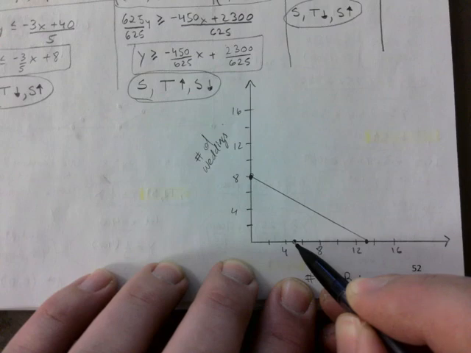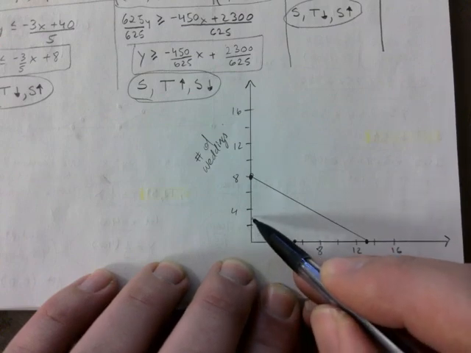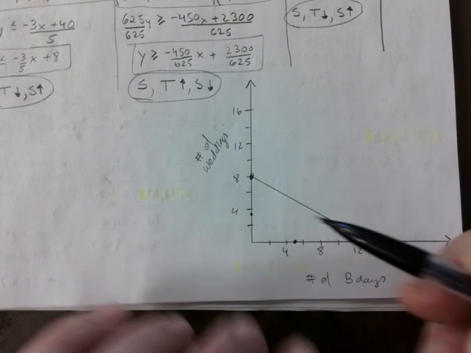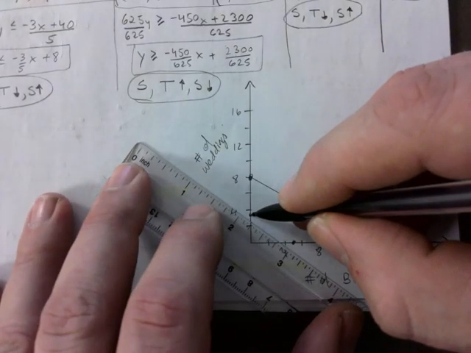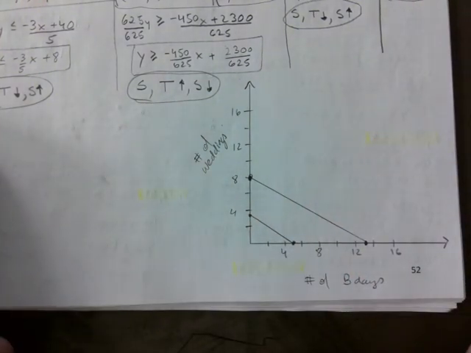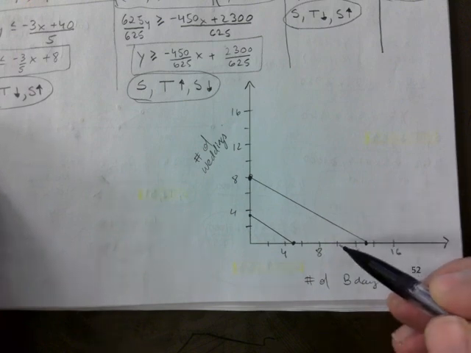And 0, 3.68, so 3 would be right there, 3.68 is right there. A short little line. They're all solid, by the way. You can almost bank on that.